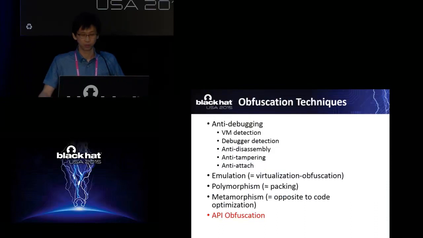They use anti-debugging, for example VM detection, debugger detection, anti-disassembly, anti-tampering, anti-debugger attach, and they often use virtualization obfuscation to lengthen the dynamic instruction trace, and they use polymorphism and metamorphism, which is the opposite of code optimization. They lengthen by inserting garbage instructions and API obfuscation. Today's talk focuses on API obfuscation.